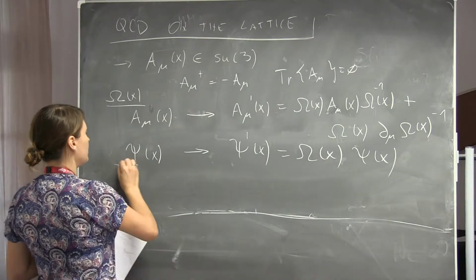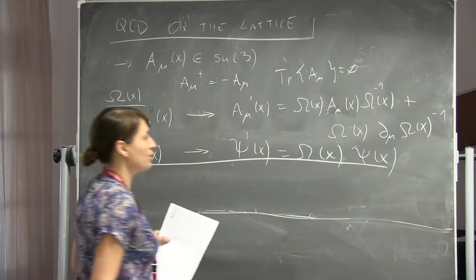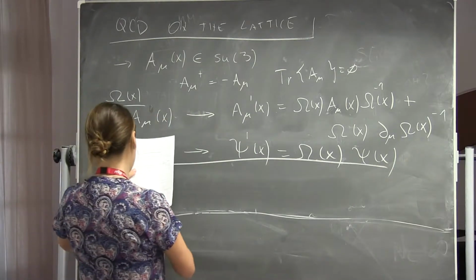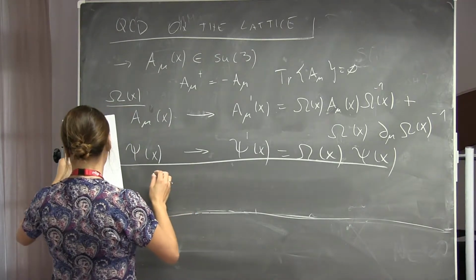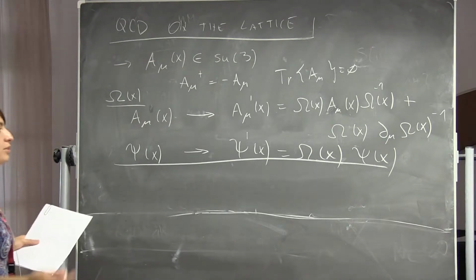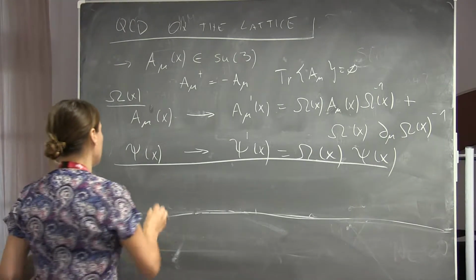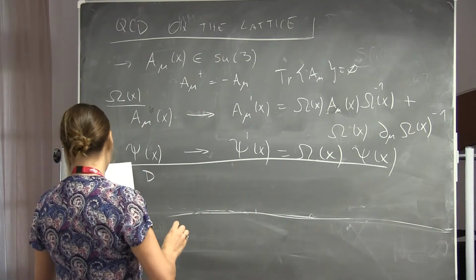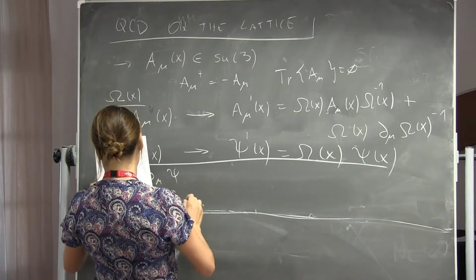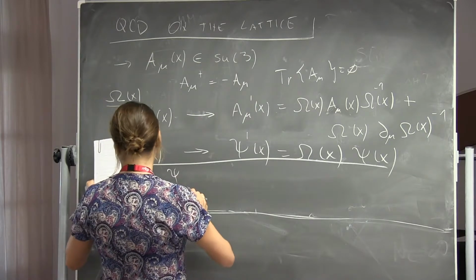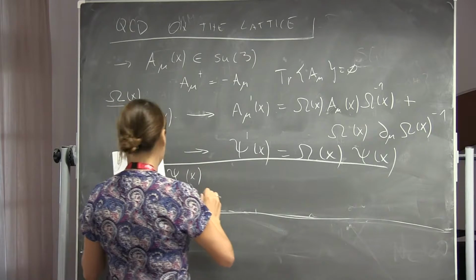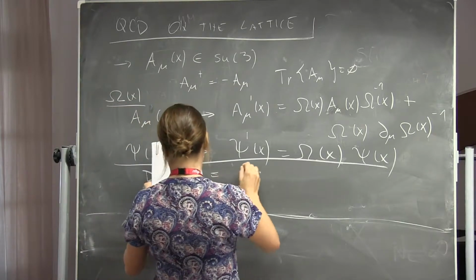And then a third important thing, if you want to preserve gauge invariance: since the fermionic part of the QCD action, as you know, has covariant derivatives, we would also want to make sure that the gauge transformation of the covariant derivatives is also implemented on the lattice.